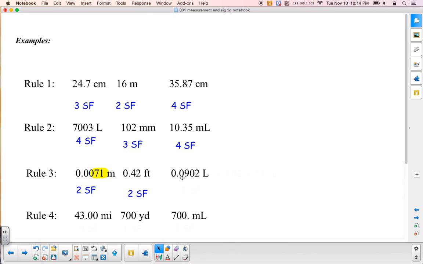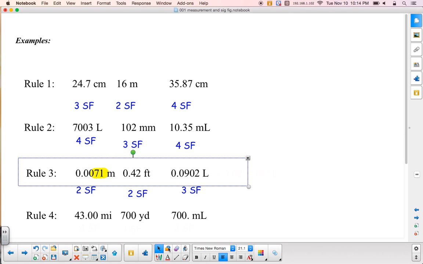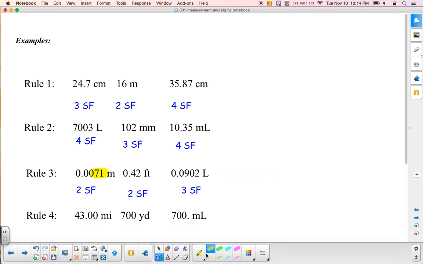Sometimes you have different types of zeros in a number. This number has two leading zeros, which are not significant, but then it has a captive or a sandwich zero, which is significant. This number has three significant figures, those three significant figures being the 9, the 0, and the 2. Sometimes it's a little easier to figure out which digits are significant and which are insignificant if we look at the number in scientific notation.